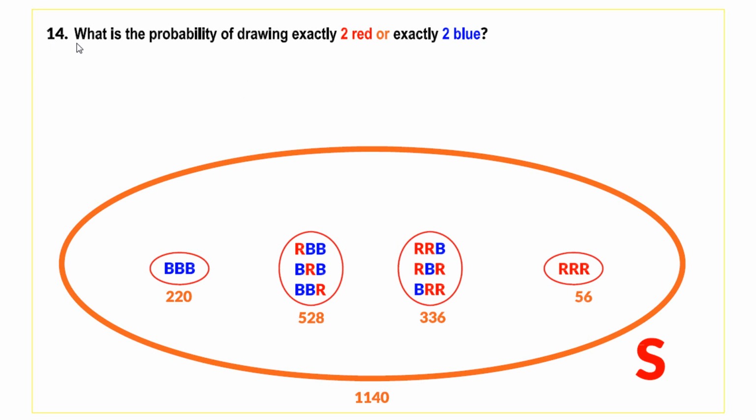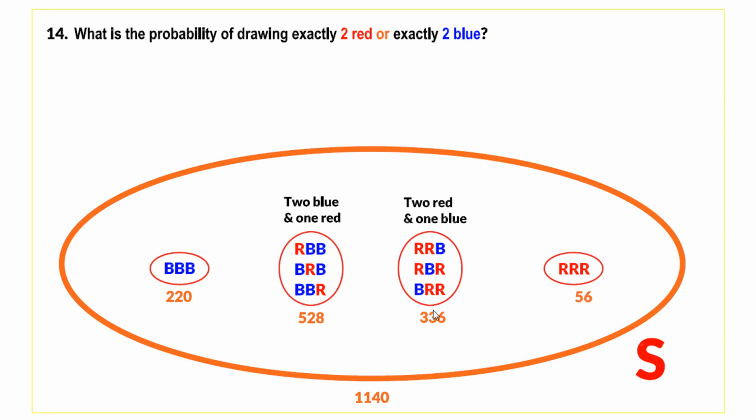Question 14. What is the probability of drawing 2 red or 2 blue? So this is the event of drawing 2 red, and this is the event of drawing 2 blue. But we have to pay attention to this word or. So or means this event will take place if we pick up 2 red or if we pick up 2 blue.